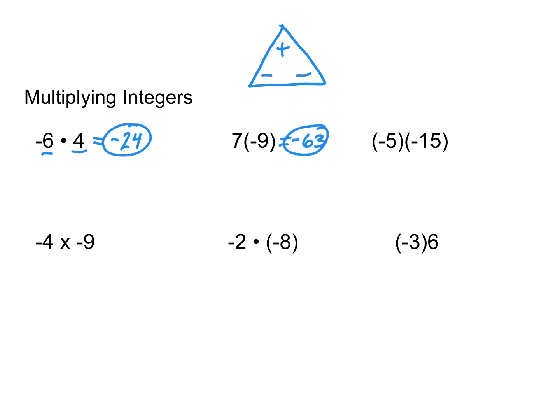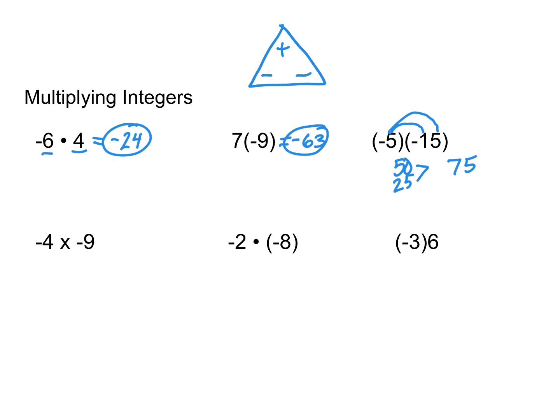Negative 15 times negative 5. I meant to change this to an easier number, but we can do this by distributing and say 5 times 10 is 50, and 5 times 5 is 25. If we put those parts together, my answer is 75.